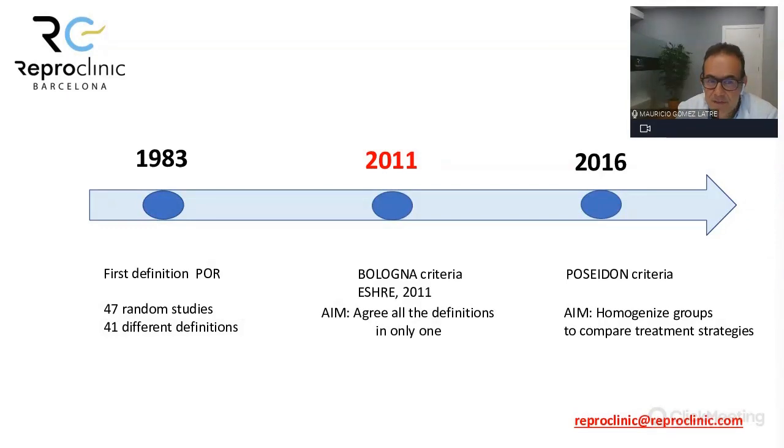From 1983 to 2011, 47 random studies were given with 41 different definitions for this concept. That's why in this scenario, the Bologna criteria was the first concrete attempt to build an international consensus in the definition of POR by following an evidence-based criteria. The main aim: agree on one definition.